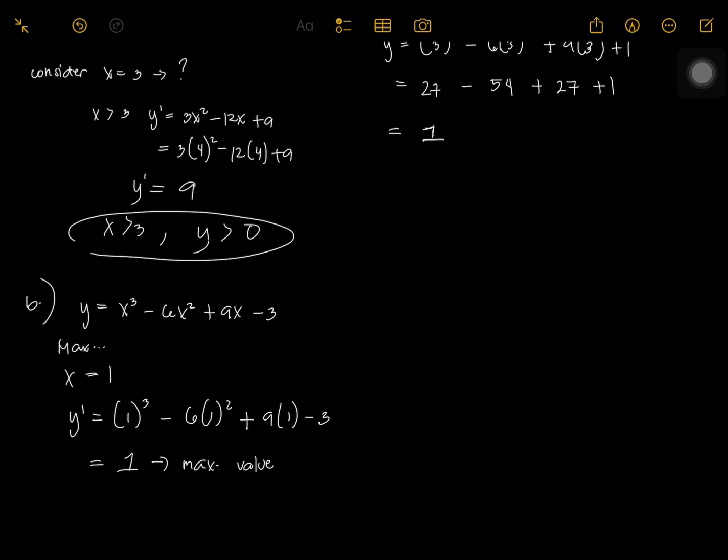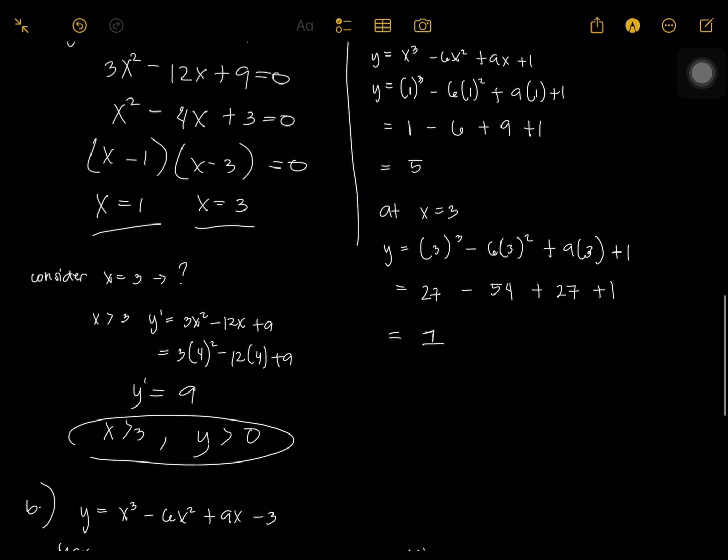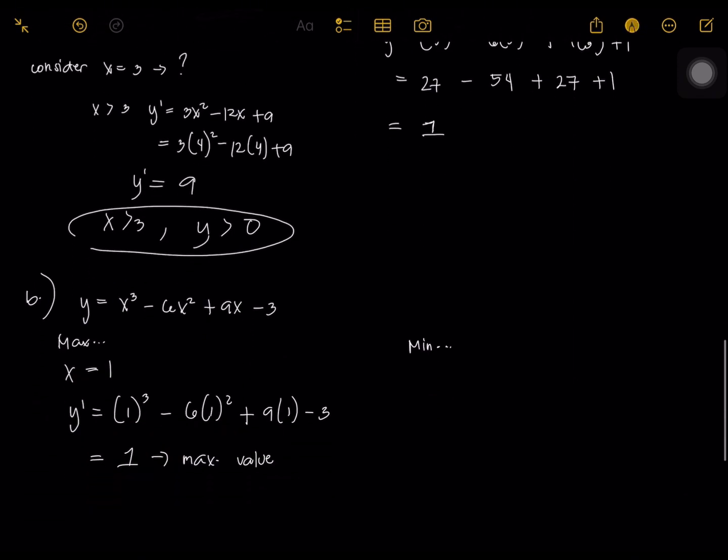And here the minimum. We have x equals 3, so y equals 3 cubed minus 6 times 3 squared plus 9 times 3 minus 3.